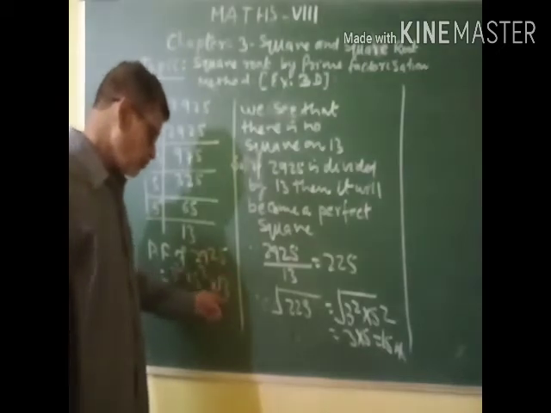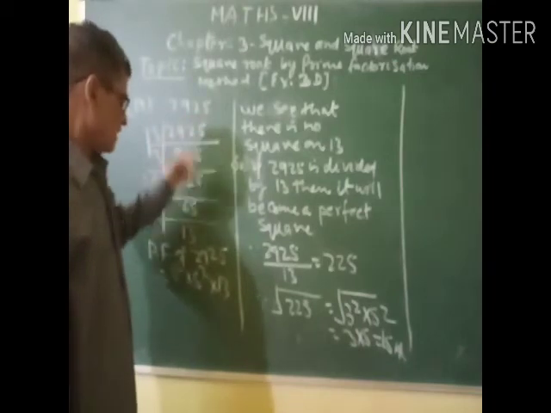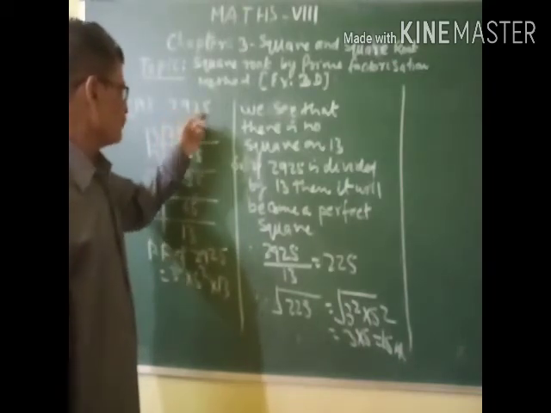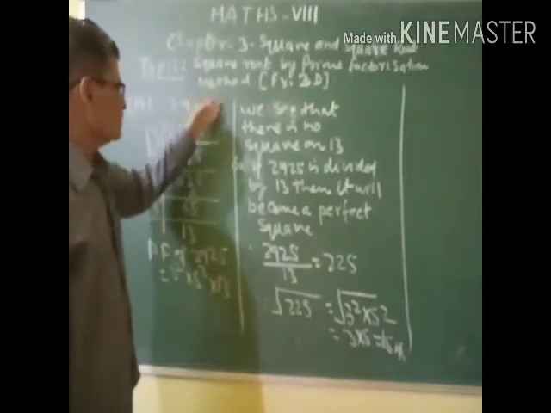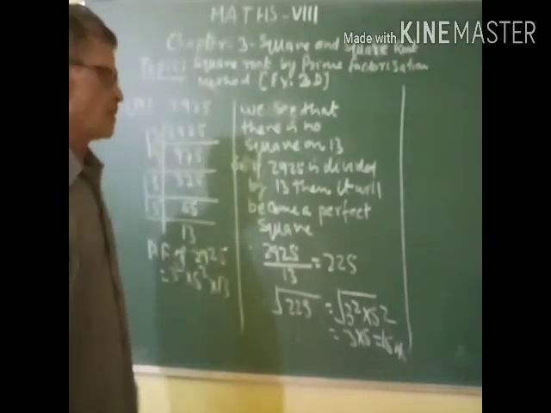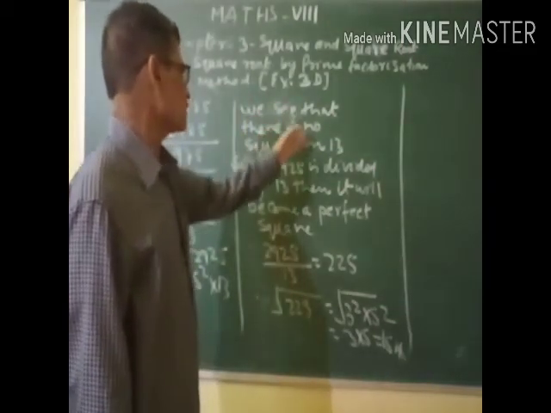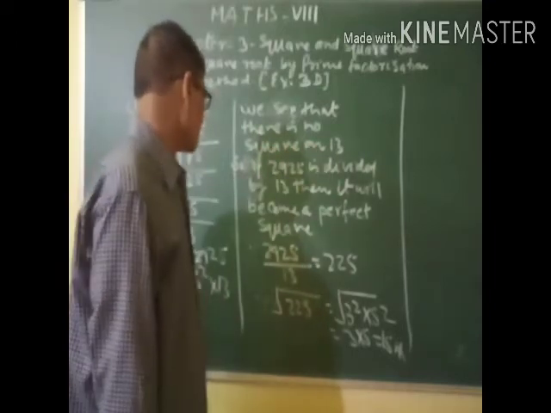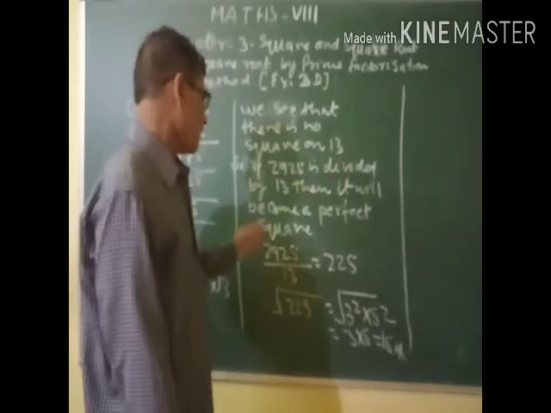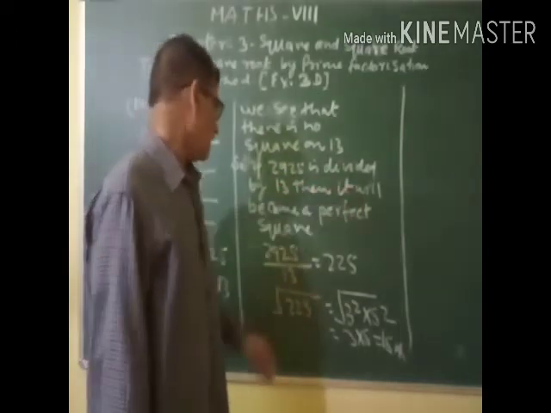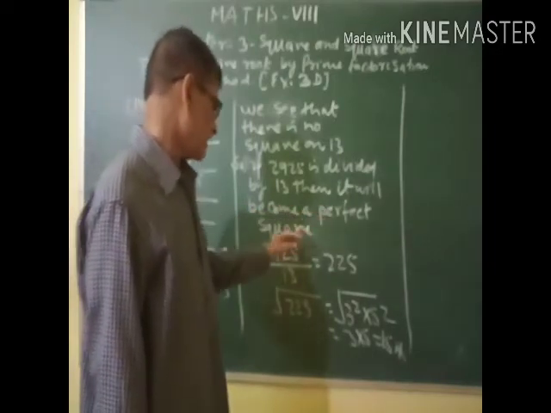If we remove it, meaning if we divide 2925 by 13, certainly this number will change into a perfect square number. So if 2925 is divided by 13, then it will become a perfect square.